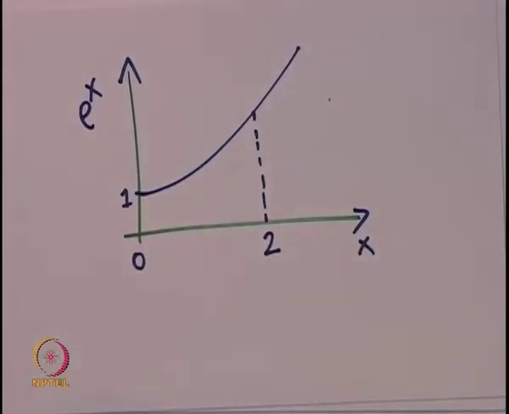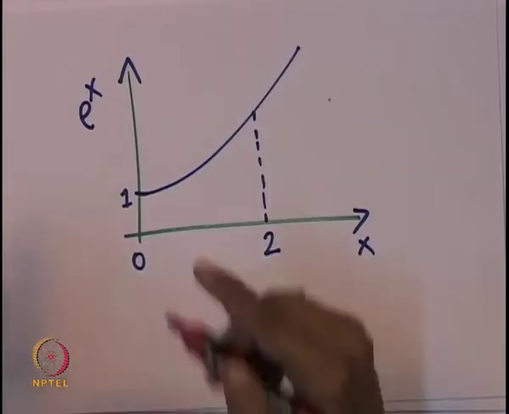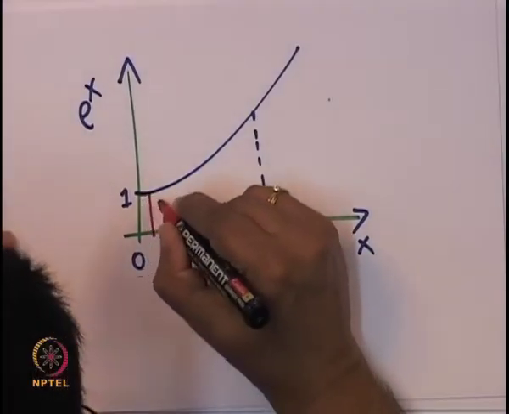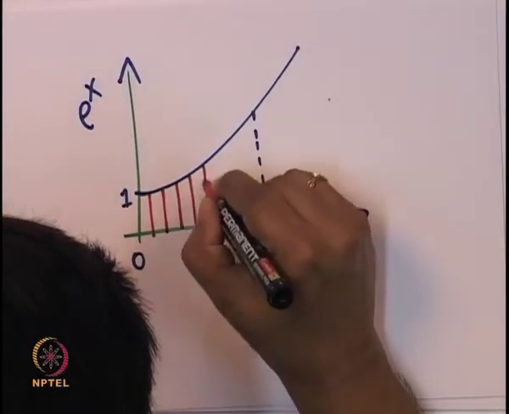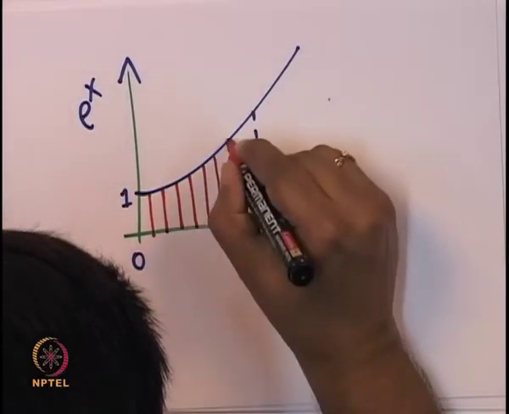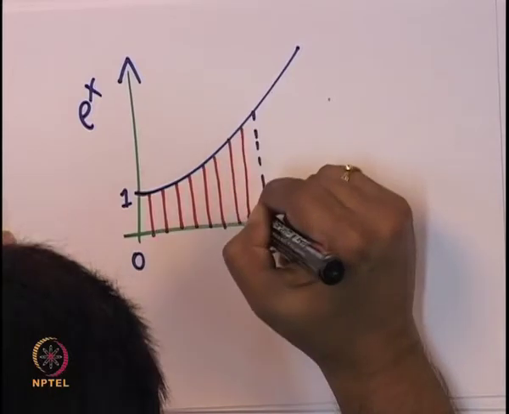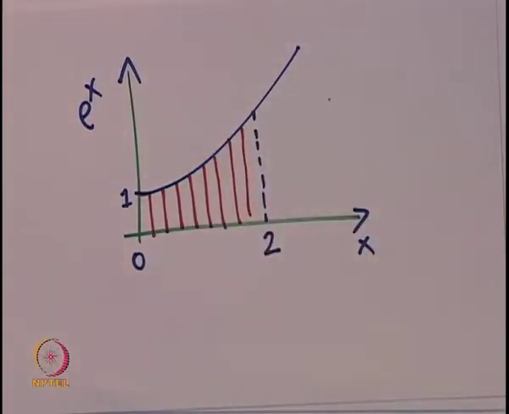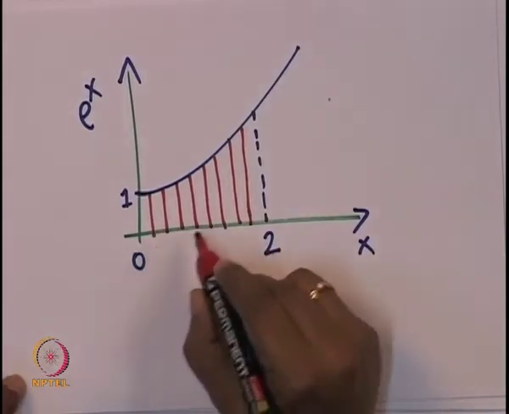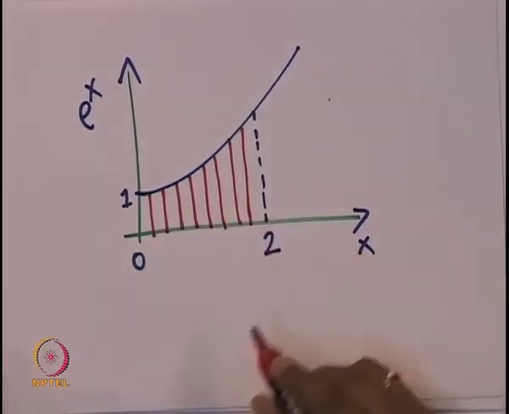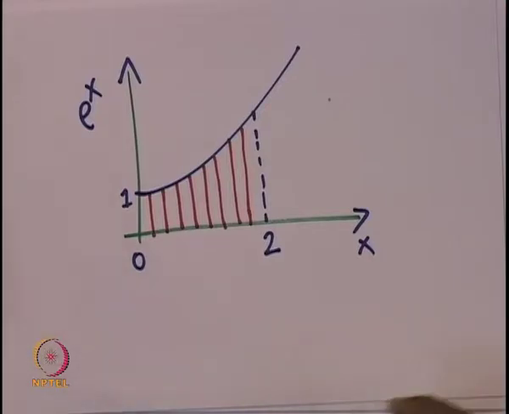So, we can divide this into many intervals. Let us divide this into n equal intervals. Let us call them 1, 2, 3, 4, 5, 6 etcetera. What does this mean?